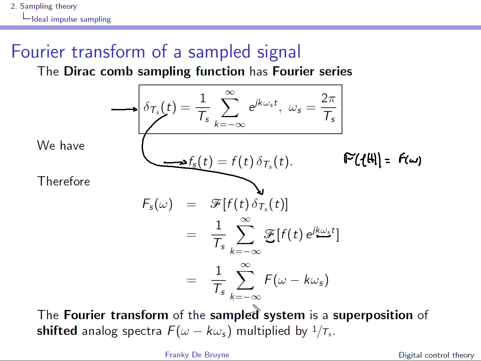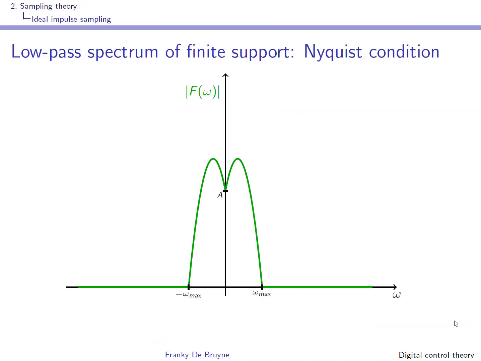Really it is a superposition of shifted analog spectra of this type multiplied by 1 over Ts, and knowing this, we'll be able to obtain the sampling theorem.